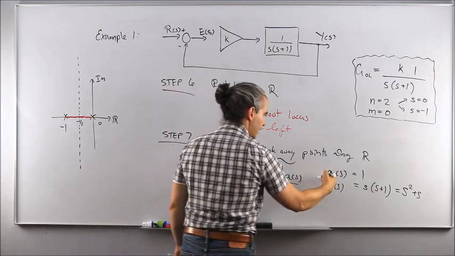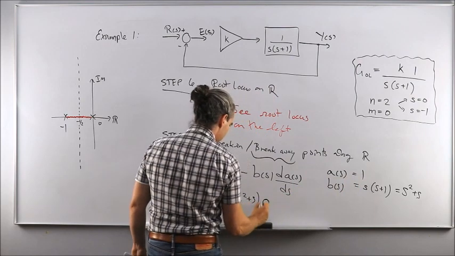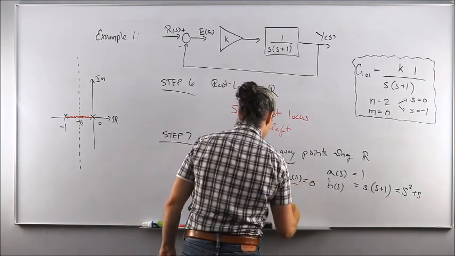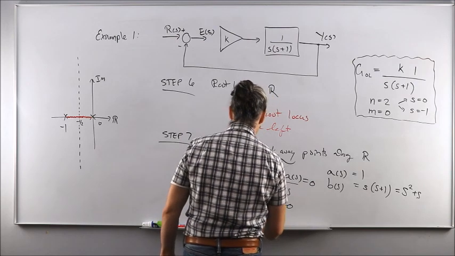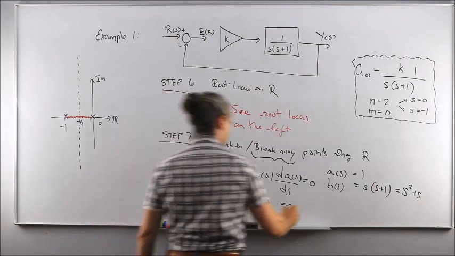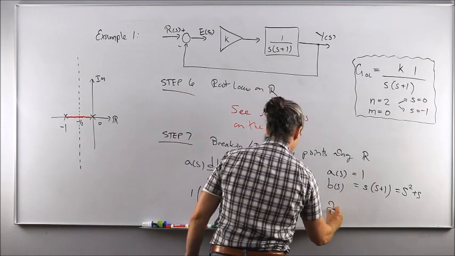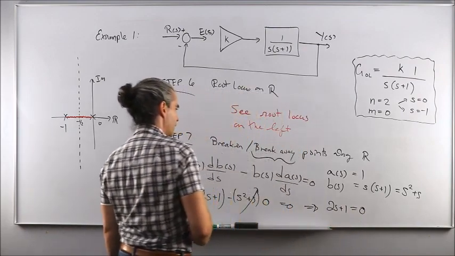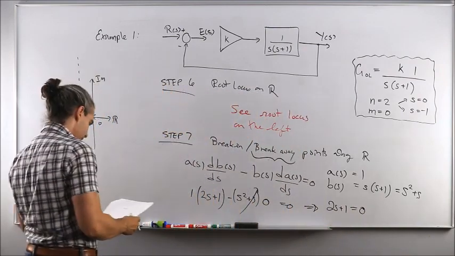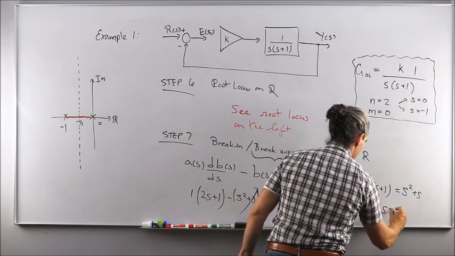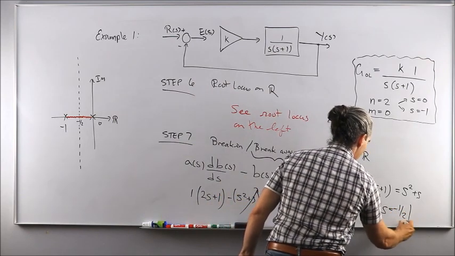It turns out that A is not even a function of s, so that becomes 0. And this needs to be equal to 0. That goes away, and I'm left with 2s plus 1 equal to 0 to figure out the breakaway point, such that it is going to be at s equal minus 1/2.